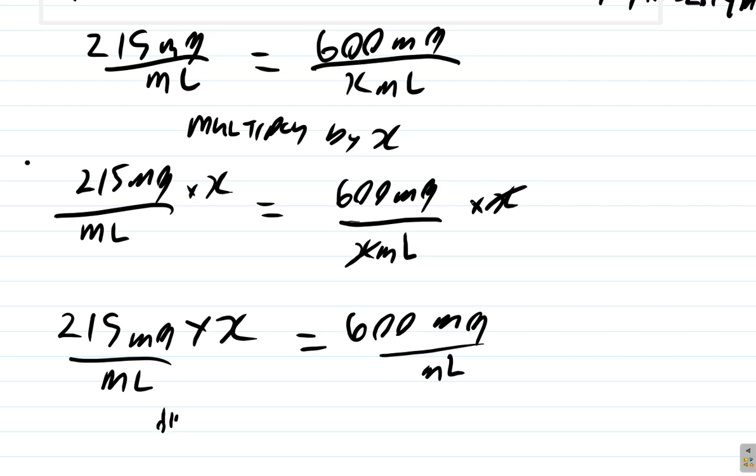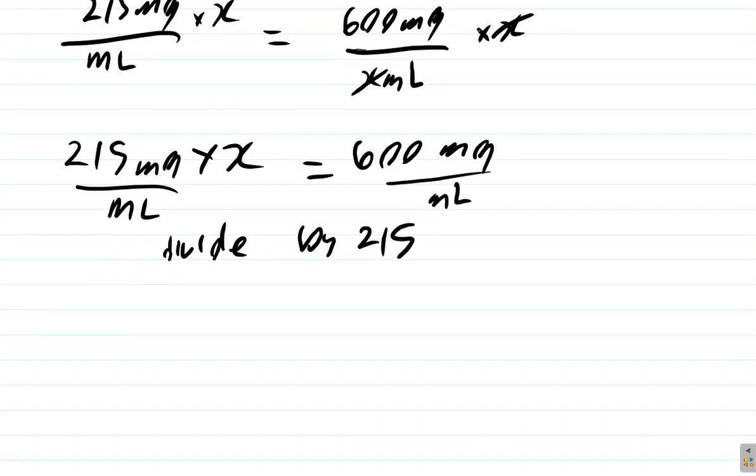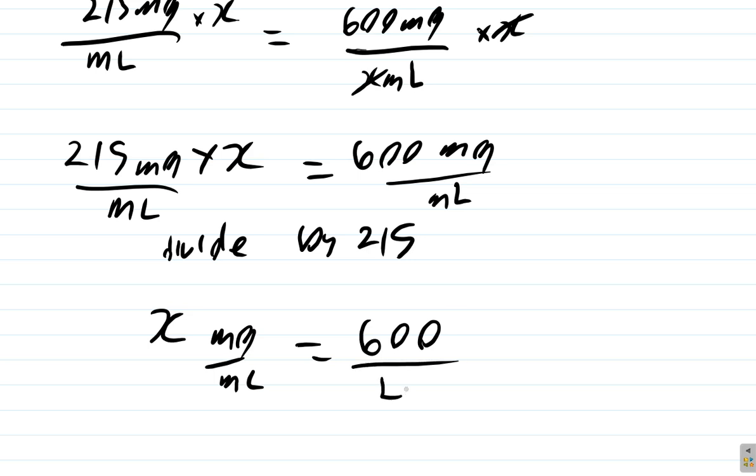Then you divide by 215. So here, when you divide by 215, you get x. This will be milligrams per milliliter equals 600 divided by 215 milligrams per milliliter.